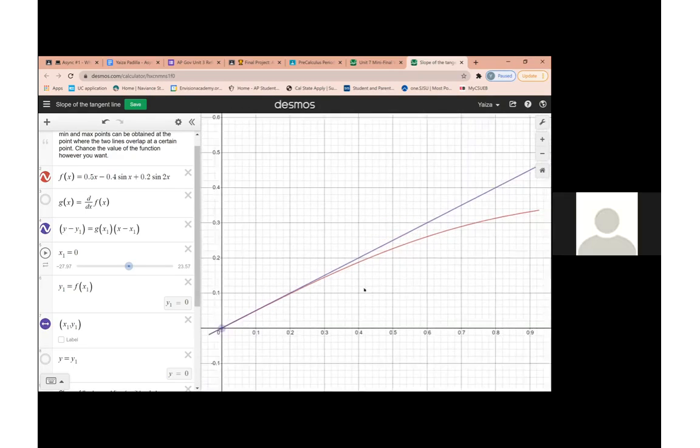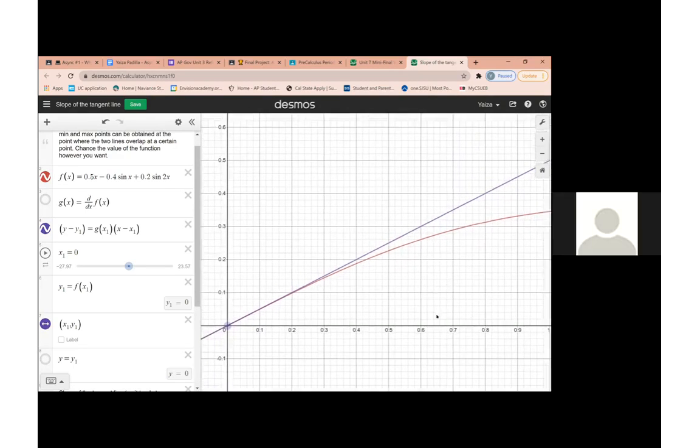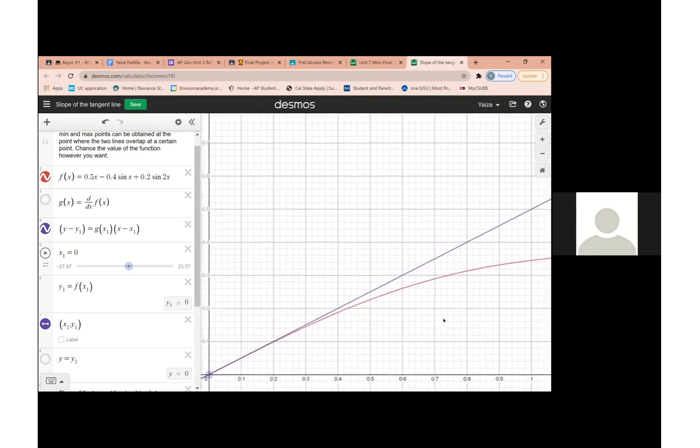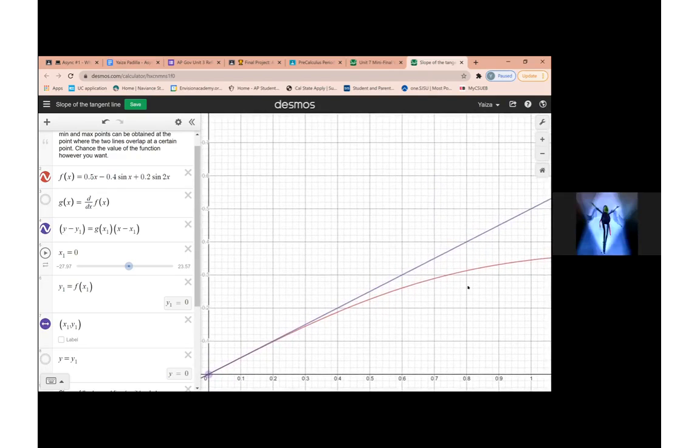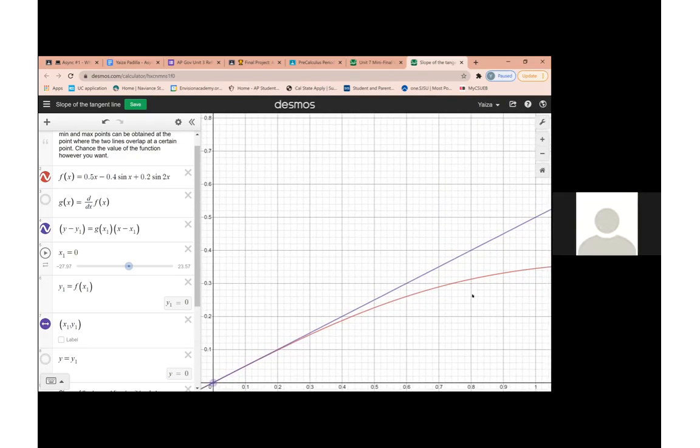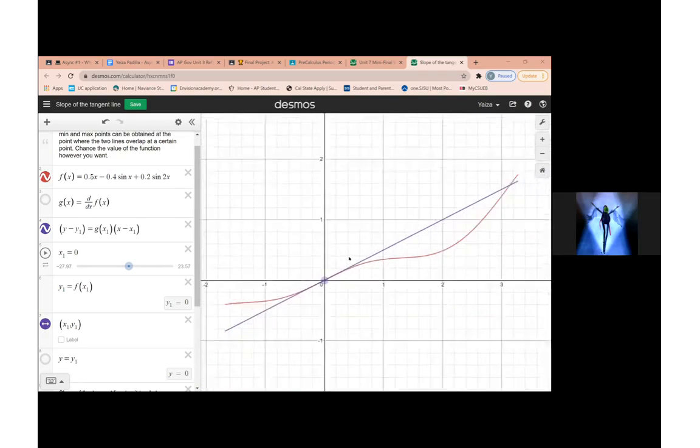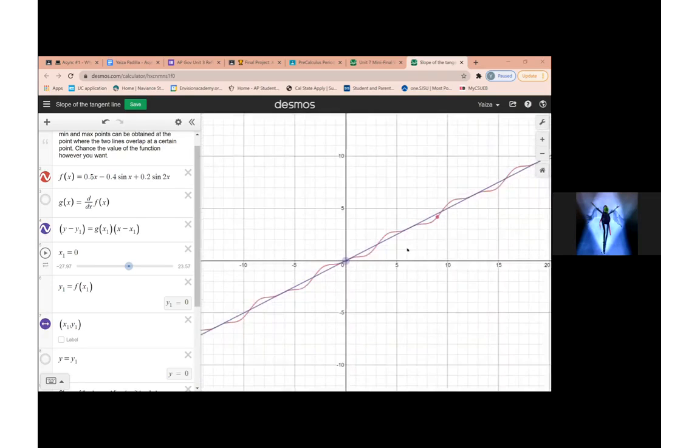What are you looking for, Danny? Back. More accurate photos, please. Zoom out a little more, please. Well, not a little bit, a lot more, to show 1 through 5. There you go.